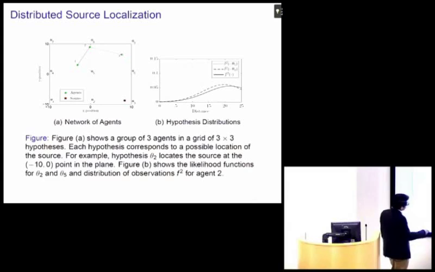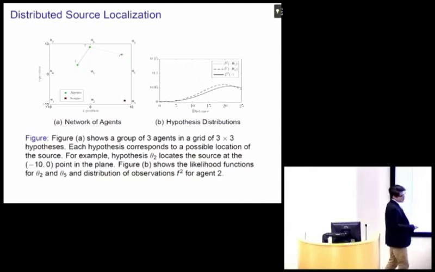And then we can consider what happens if we assume the source is at theta 3, then we have these other probability distributions, and if our hypothesis is theta 5, that means the source is here, we have this other probability distribution. Right? So in this case, it is clear that the hypothesis that best matches the observations is theta 3. But individually, it's not possible to identify the X and Y position. That's why we need to cooperate.